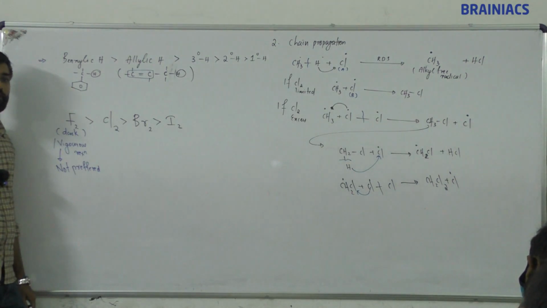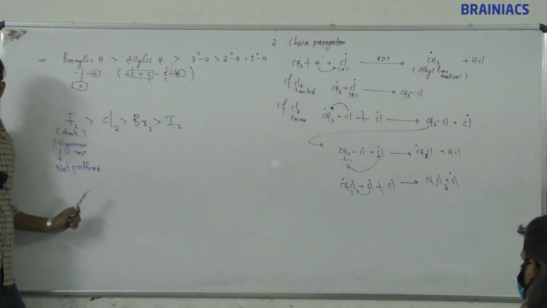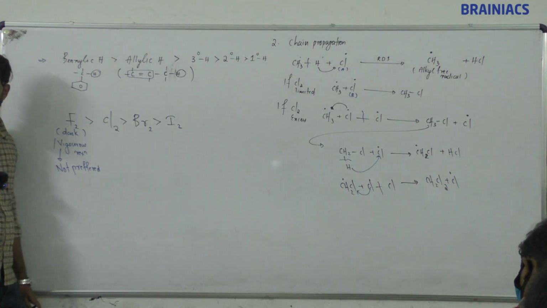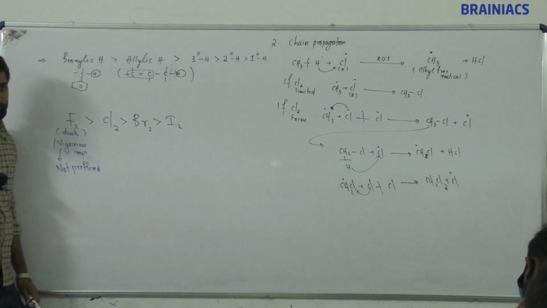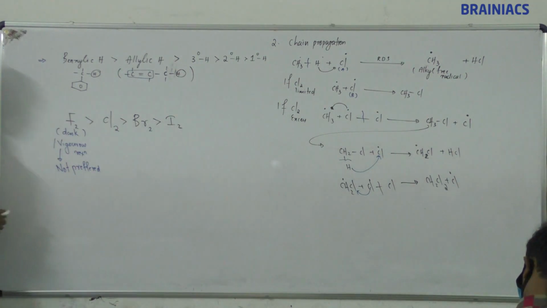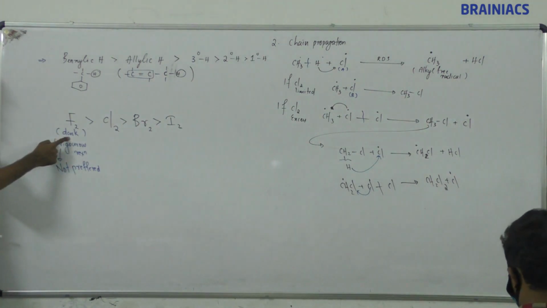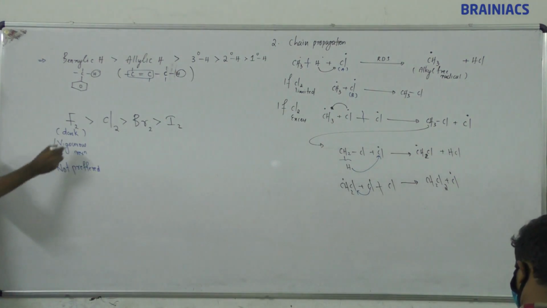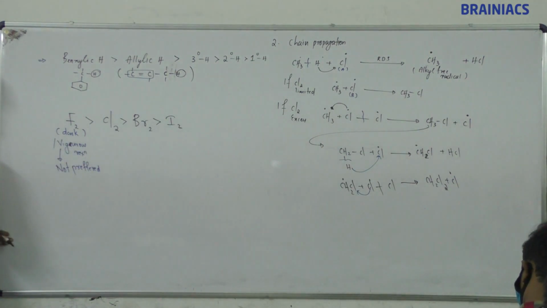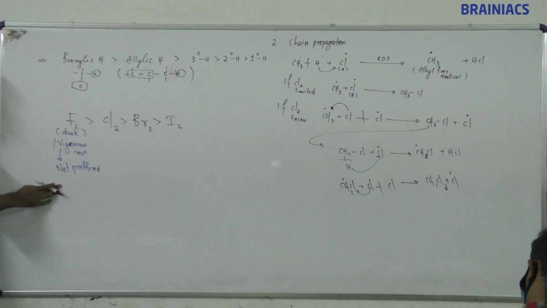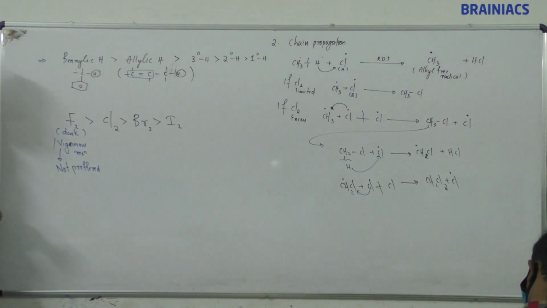The reactivity of fluorine is much higher, and the reaction takes place even in the dark. Moreover, it is a vigorous reaction and not preferred for making fluoroalkane.